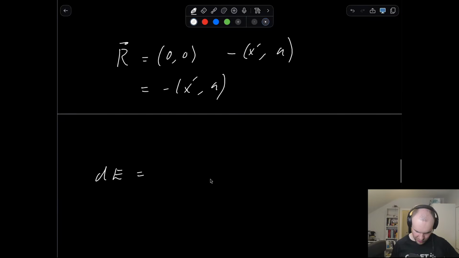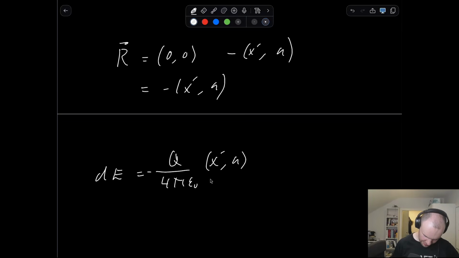So this is just Q over 4 pi epsilon 0, and then the position, with minus in front, x prime and a, divided by the same thing I had last time, x prime squared plus a squared, to the power 3 over 2.